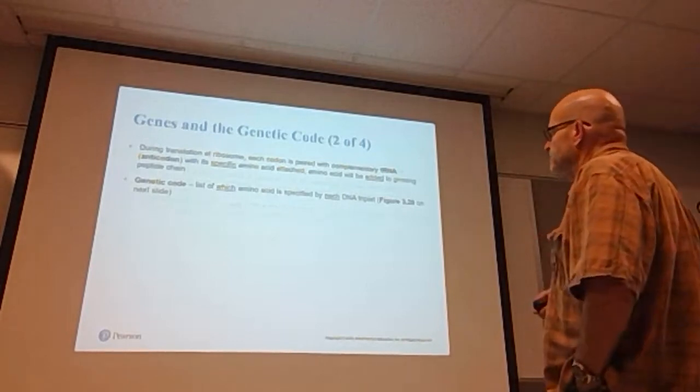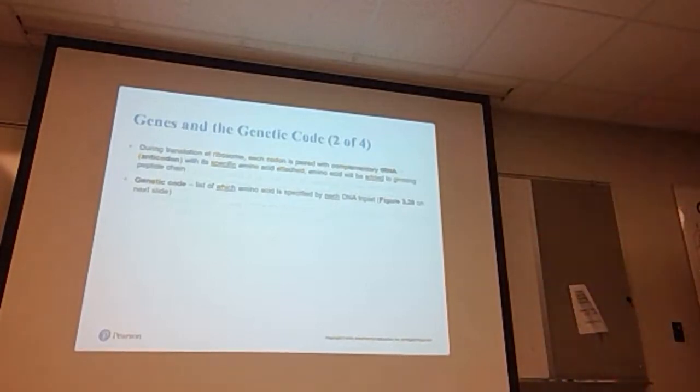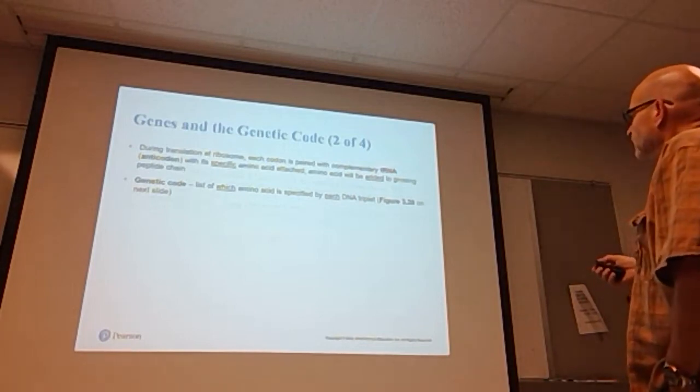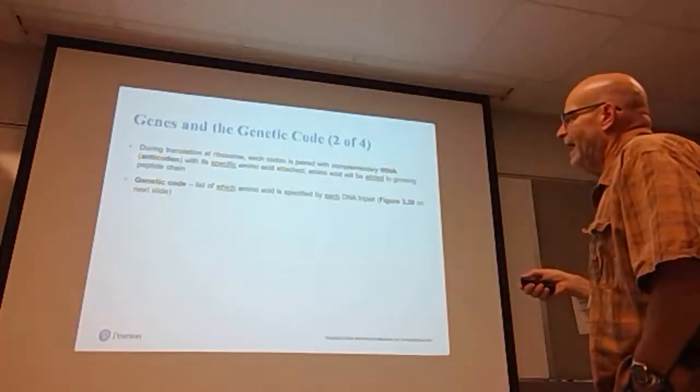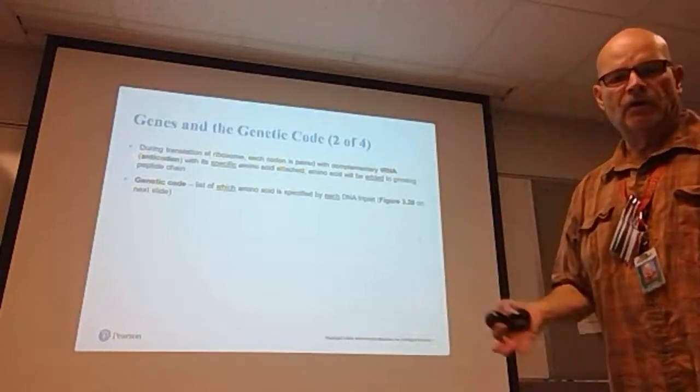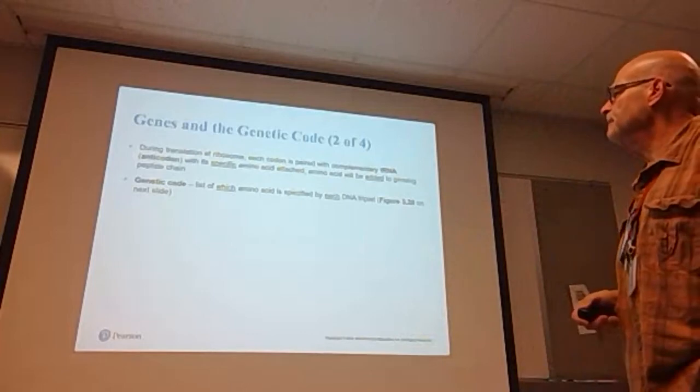During translation at the ribosome, each codon is paired with a complementary tRNA, and the T here stands for transfer. The tRNA triplet is referred to as the anticodon. It's the opposite of the codon, ergo the anticodon.